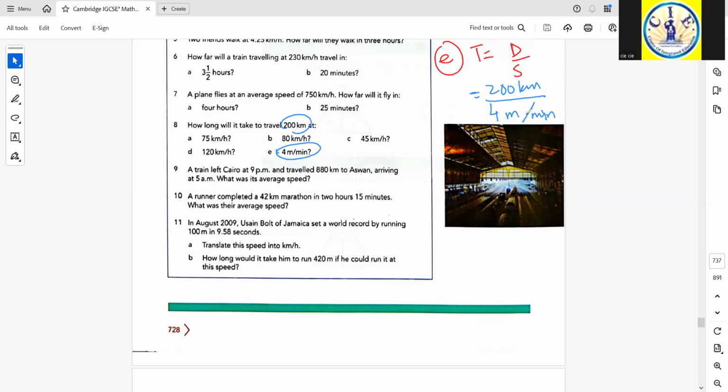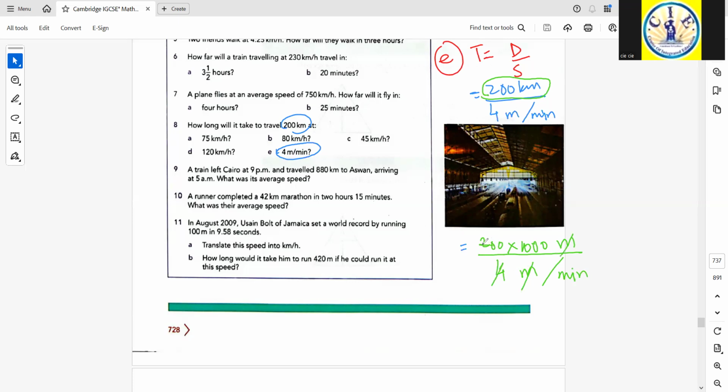So solving them up, let me convert these kilometers into meters. 200 times 1000. Now the kilometers would be converted to meters, all divided by 4 meters per minute. So meter gets cancelled out.